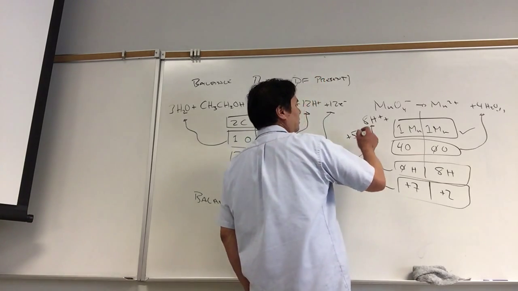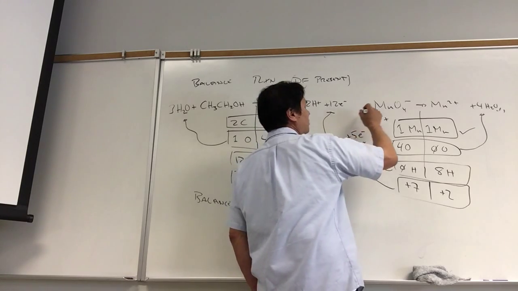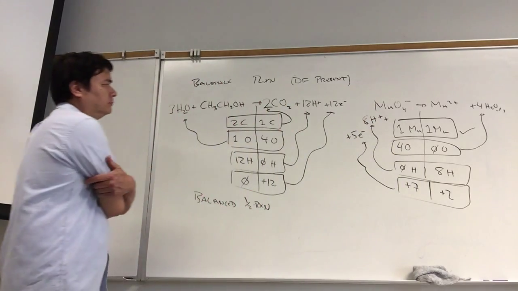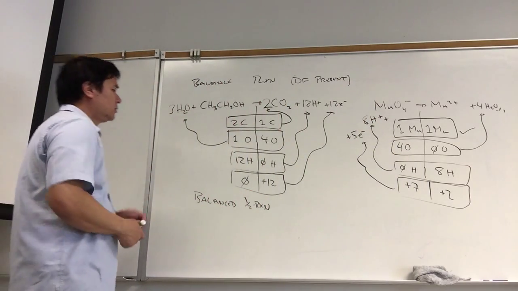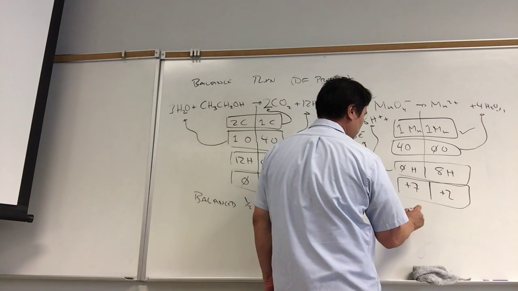And so this would be the other half reaction. I should have given myself a little bit more room. All right, so we have the balanced half reaction here. This is going to be the other balanced half reaction. Let me rewrite these.